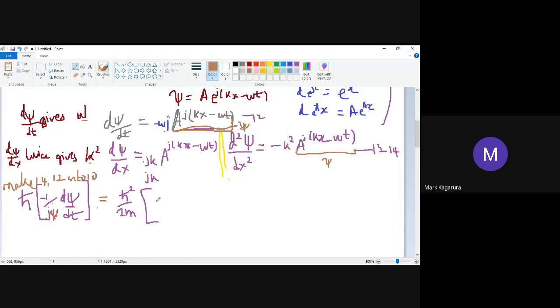So if we make it the subject, it will be 1 over psi times the second derivative. But then there was a negative on the k, so that goes there. And then we are done. So we just add the v.